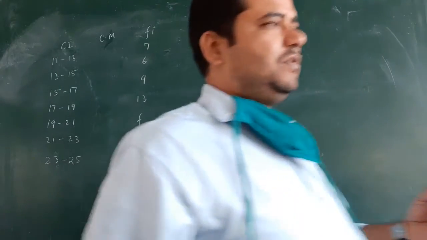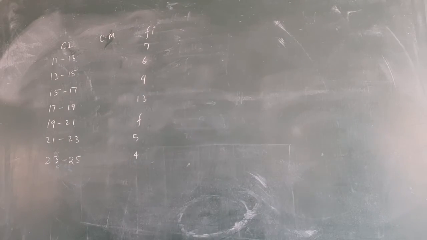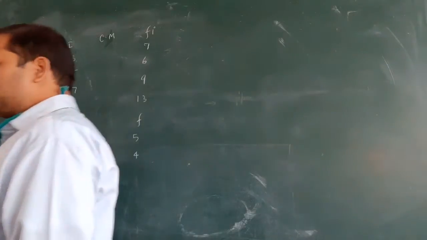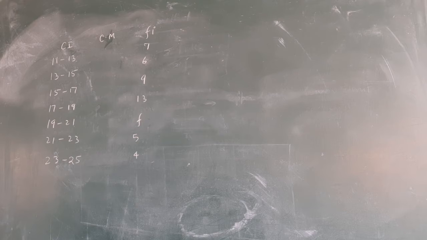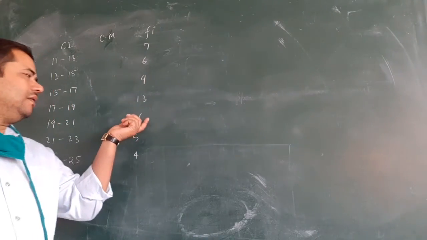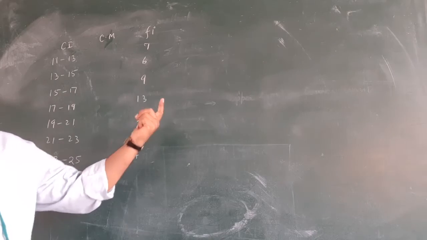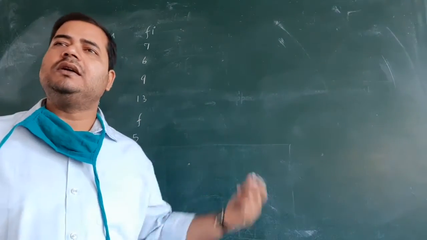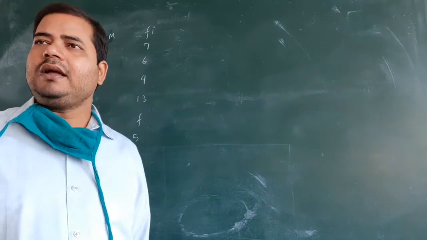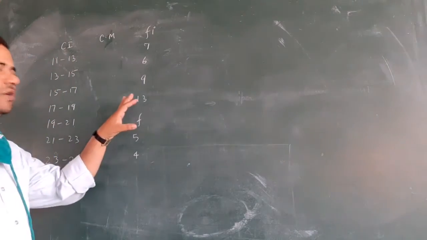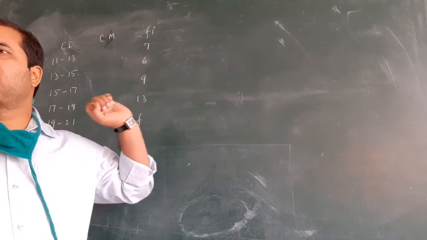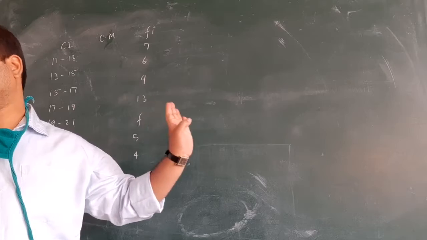So afterwards we start the question. In this particular question you use the direct method, which is easy for finding the missing frequency. After getting the missing frequency, we will solve the same question by the assumed mean and step deviation methods as well.